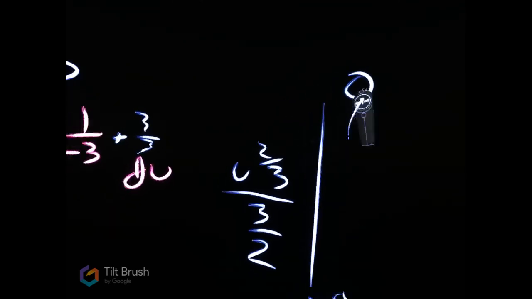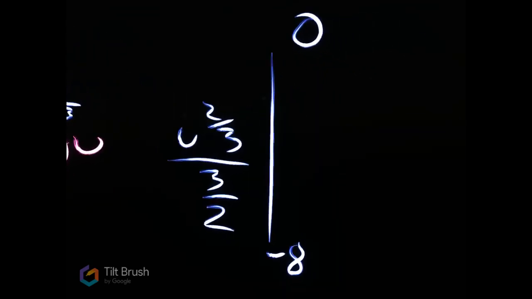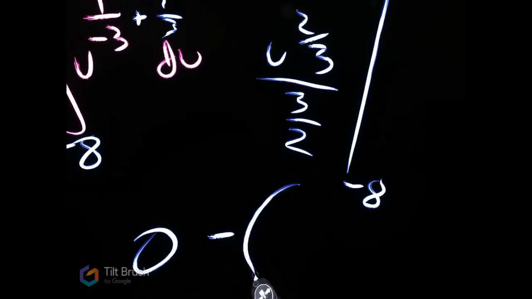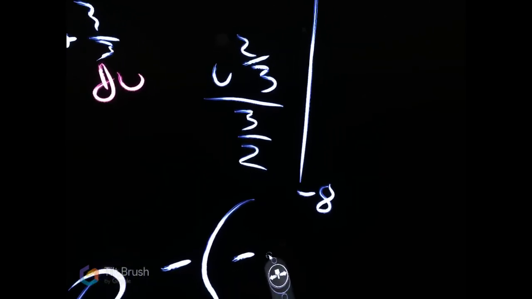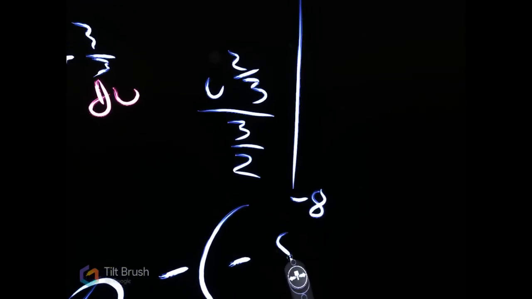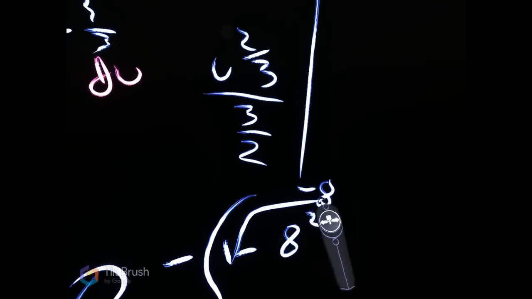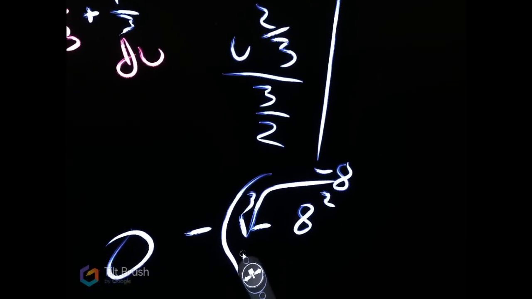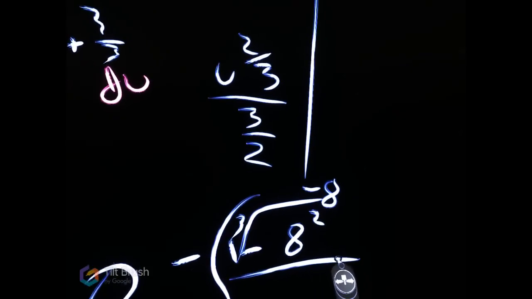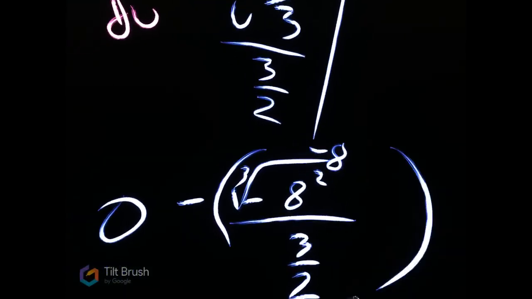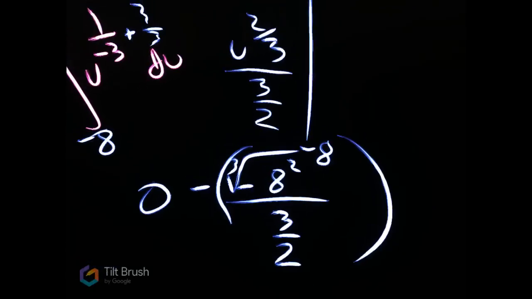So f of b, right off the bat we get 0 minus negative 8 to the 2/3 power over 3/2. That's some algebra nightmare there.